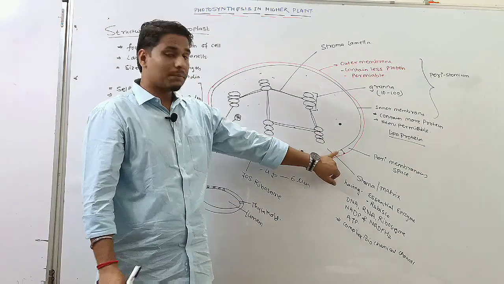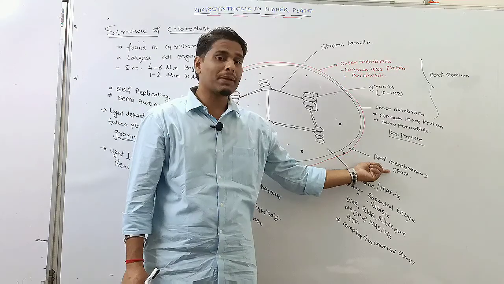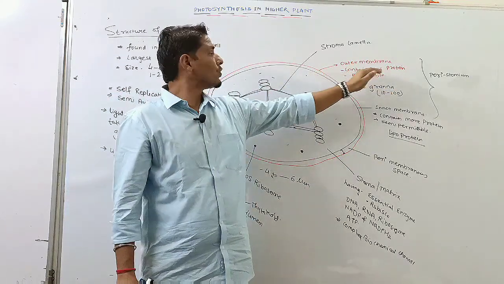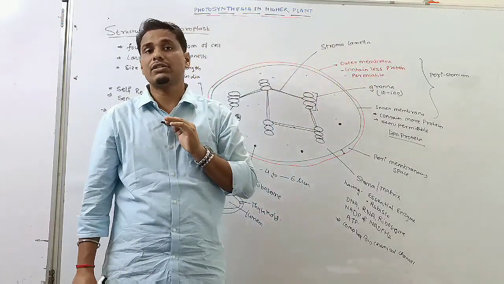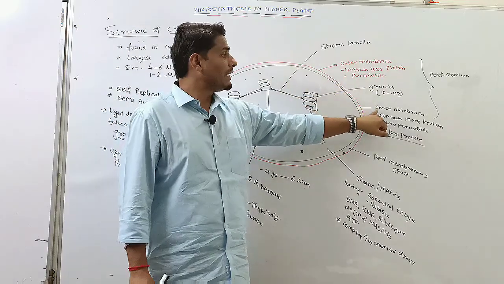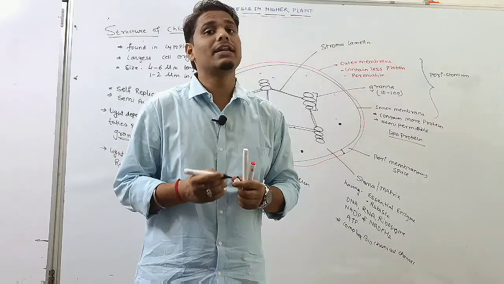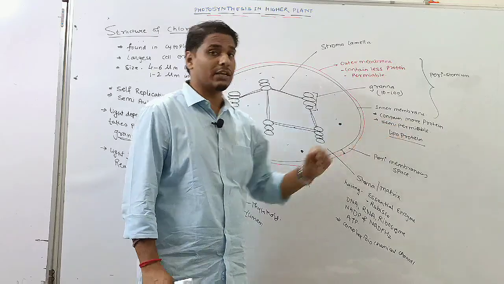So the space present in between the membranes is called the perimembranous space. Okay, so the outer membrane contains less protein, so it is permeable in nature, so it allows all solute and solvent inside. Okay, but whereas the inner membrane is not permeable, it is semi permeable because it contains more protein.